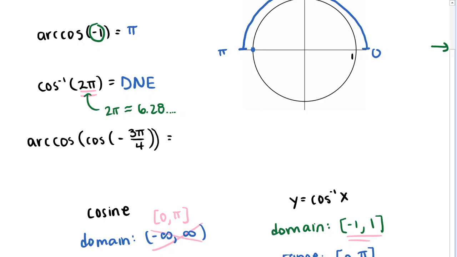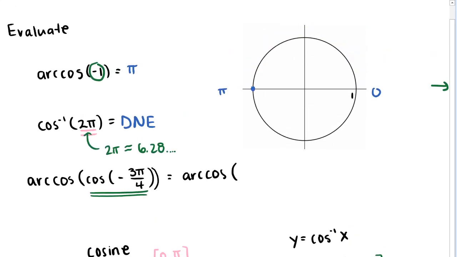And so here, if we want to compute this expression, let's just work our way inside out. So this is arc cosine of, well, cosine of -3 pi over 4. Let's evaluate this inside part, cosine of -3 pi over 4.